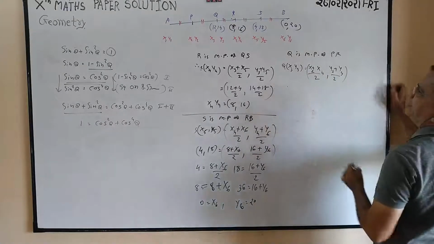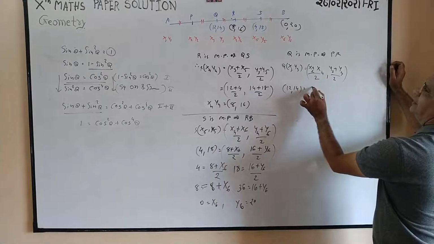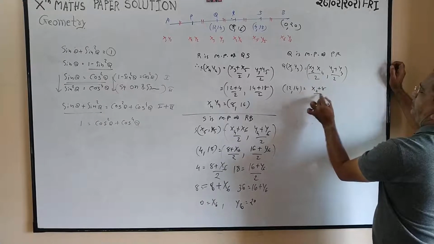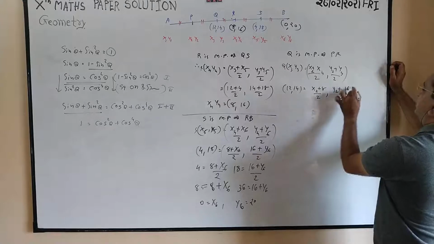This is given. So it is x2 plus 8 by 2, y2 plus 16 by 2.